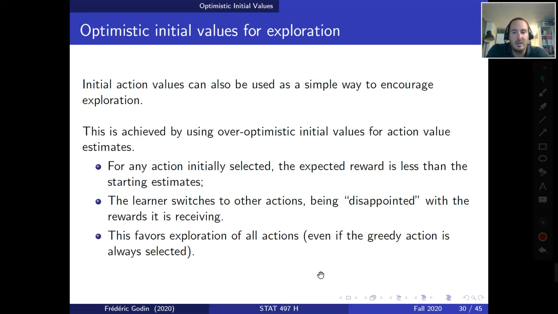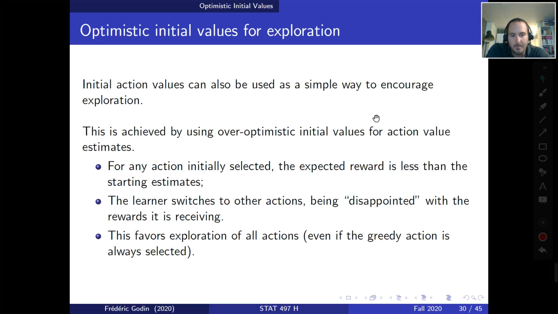This is done by putting overly optimistic initial values for action value estimates. Let's say the expected rewards for all levers revolve around 1. Then you could put initial estimates of 2 for all actions. Overly optimistic estimates.